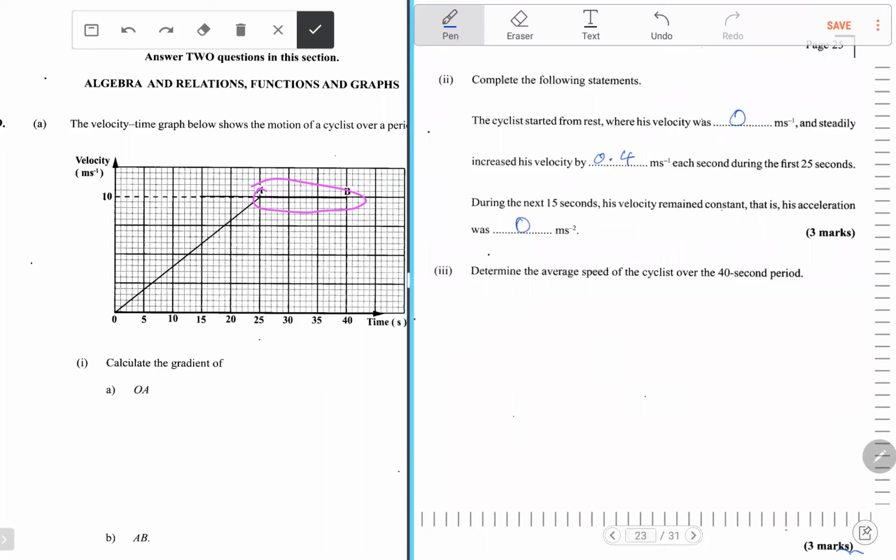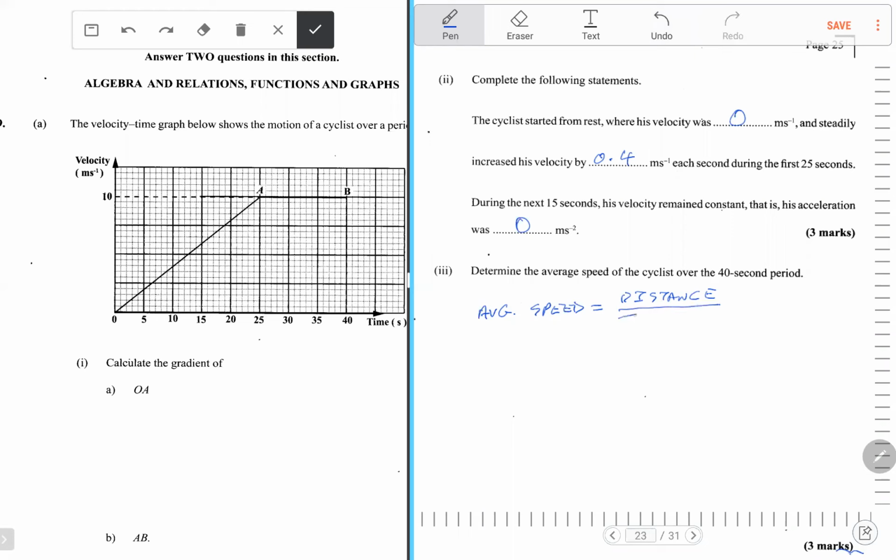It says determine the average speed of the cyclist over the 40 seconds. Well, the average speed is the distance over the time, and the distance is the area under the graph. All right, so let's do it here. The average speed equals the distance that he travels over the time that he took.